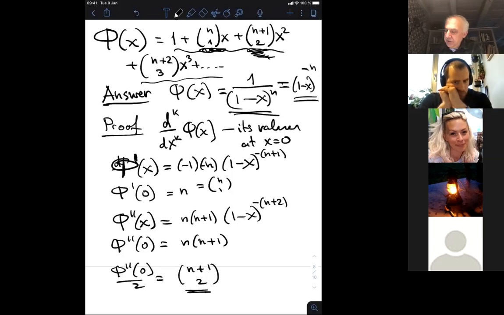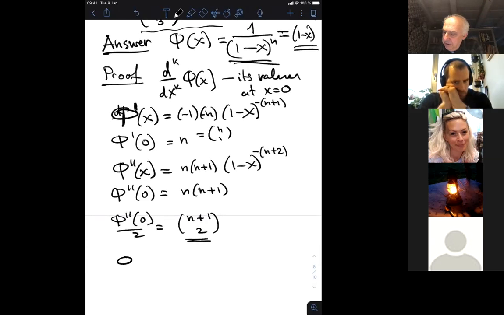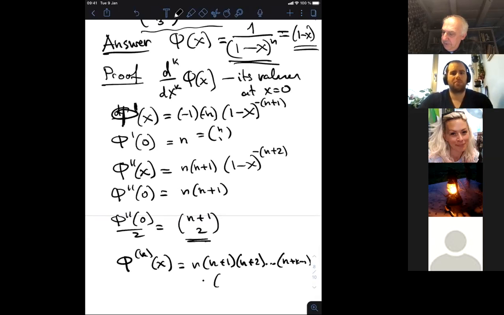So we're happy. In general, if we look at the formula for the kth derivative of our function, we'll get n, n plus 1, n plus 2, and so on. The last one would be n plus k minus 1, times 1 minus x power minus n minus k.